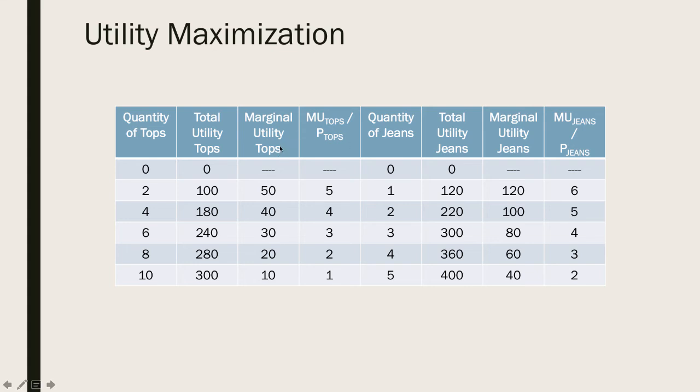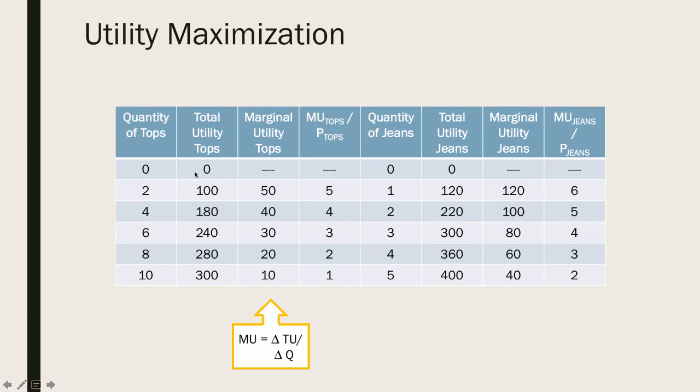To calculate marginal utility, we want to look at the additional utility with each consumption. To calculate this, you take the change in the total utility of tops, divided by the change in the quantity of tops. So I am unable to calculate this for the first value because I have nothing previous to work with. I'm going to work then with my next value. So my difference in tops utility is 100 minus 0.